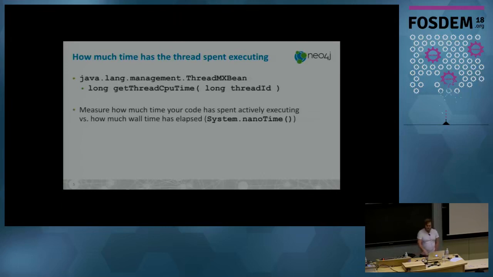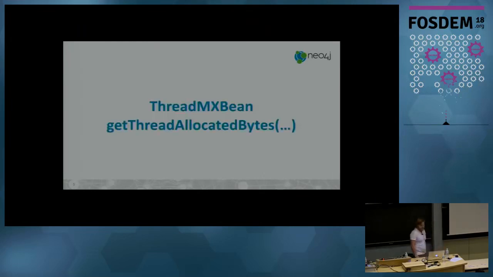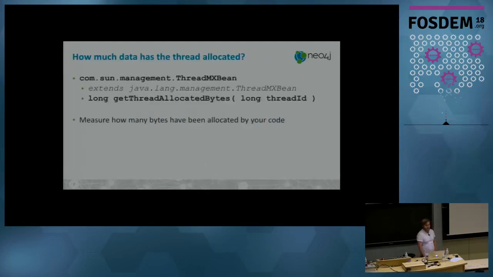This ThreadMXBean has a sibling, or child, or bastard hidden friend that's also called ThreadMXBean, but in a different package, com.sun.management. This is actually another interface that the same instance on HotSpot also implements. Here you've got another interesting method for getting the allocated bytes by a thread. This is also super useful for measuring how much memory has been allocated by a particular piece of code.